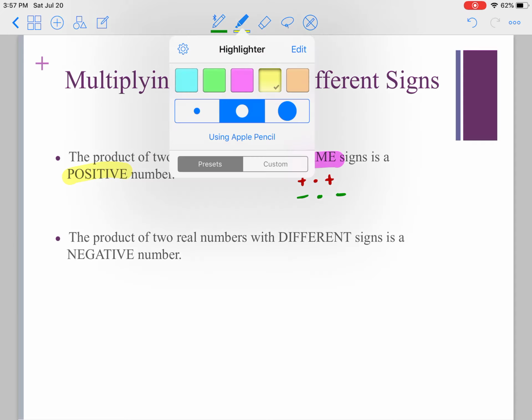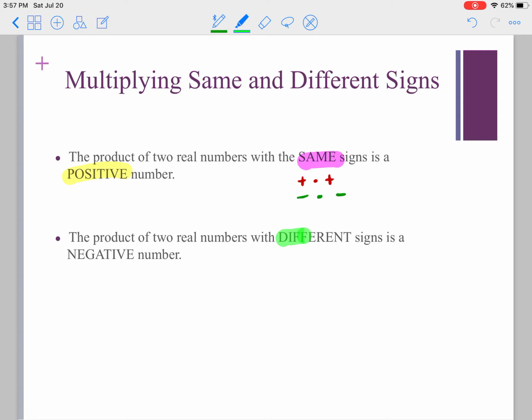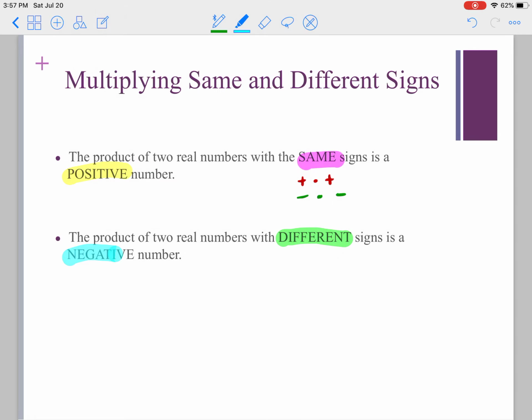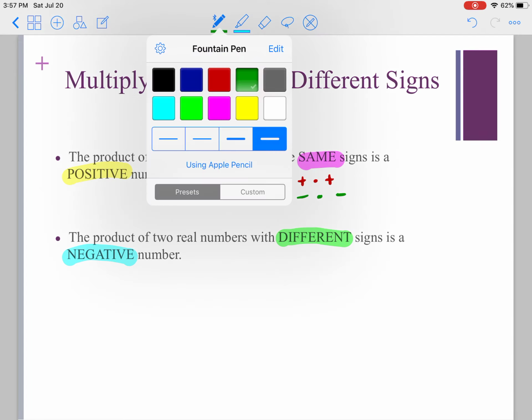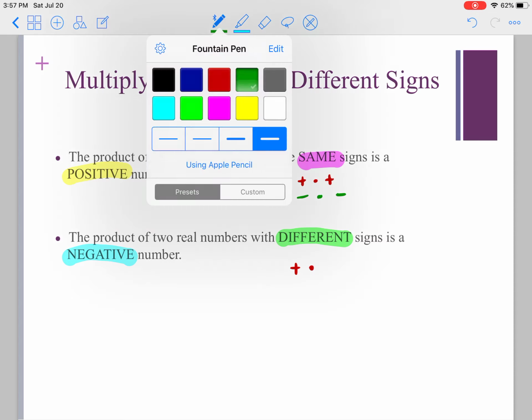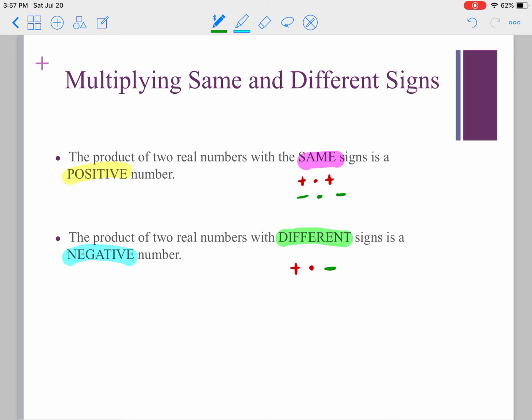The product of different signs will result in a negative number. And once again, a positive times a negative will equal a negative number.